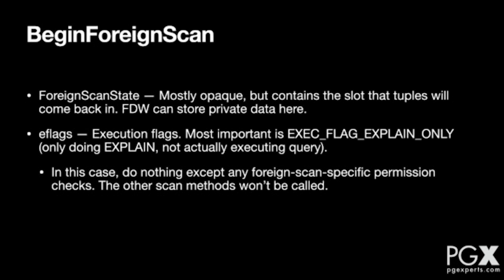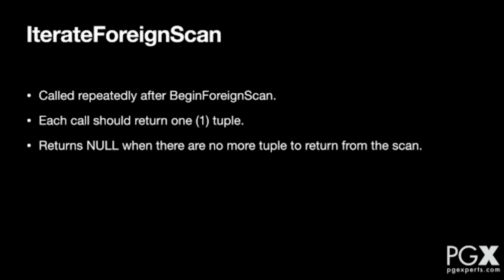This says, yeah, but I'm only kidding. I'm not really asking for any tuples back. So don't do heavy initialization here if you can. The only thing you want to do is if somehow you have like permission checks, like for example, you open the connection to the other side and it fails. It's a good idea to do these here because they know that at explain rather than when they try to run the query.